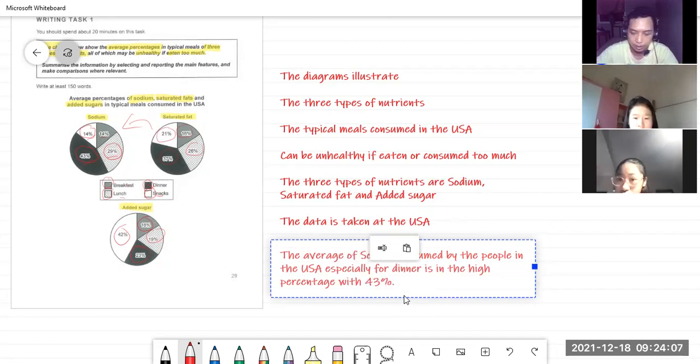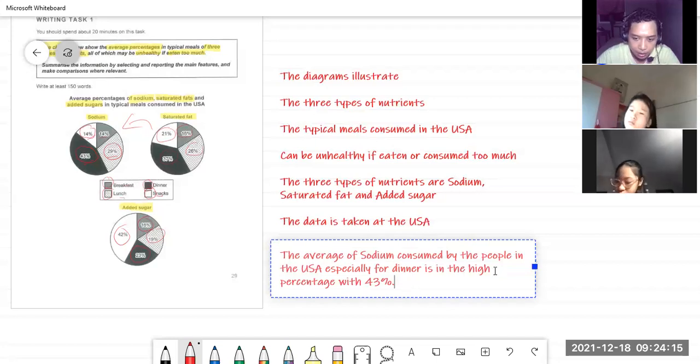Yeah, so we have explained the average of sodium consumed by the people in the USA, especially for dinner, is in the highest percentage with 43%. Okay, what else?